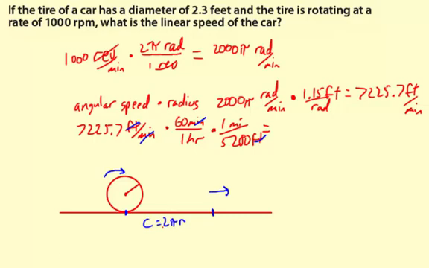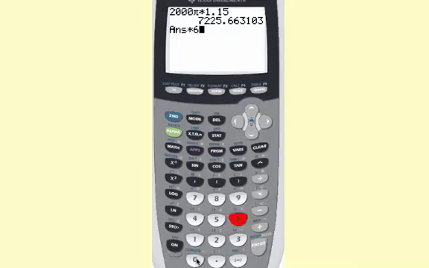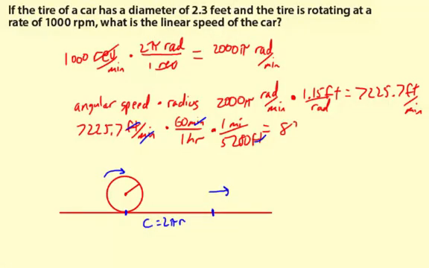So let me go to the calculator, and I'll multiply by 60, then divide by 5,280. Okay, so I have 82.1. I'm just going to say 82. So 82 miles per hour. That is the linear speed of the car.